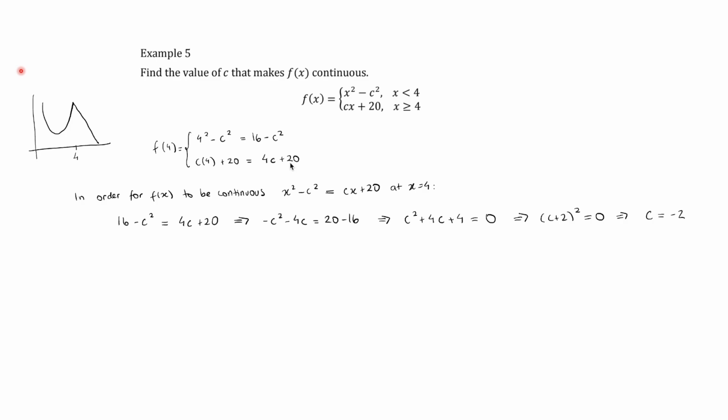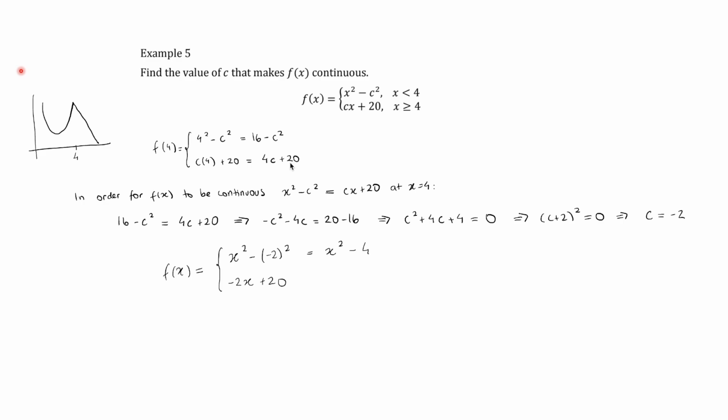Okay, so let's plug it in. f of x then needs to be equal to x squared minus -2 squared, and -2x plus 20. Of course, this is going to be equal to x squared minus 4.